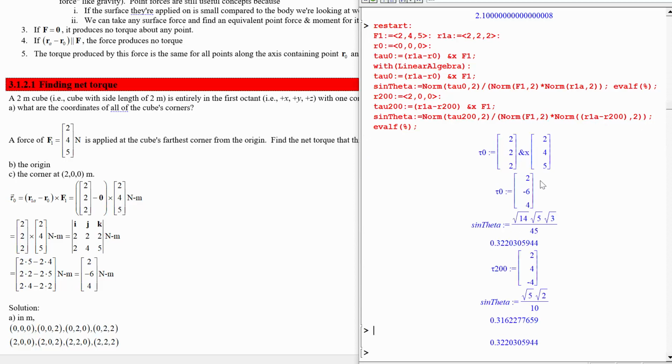Okay, let's see. So it actually ended up being pretty much the same as before. This means that the angle between the force and the original moment arm, R1A, is almost the same as the angle between the force and the new moment arm, which is from 200 to R1A.